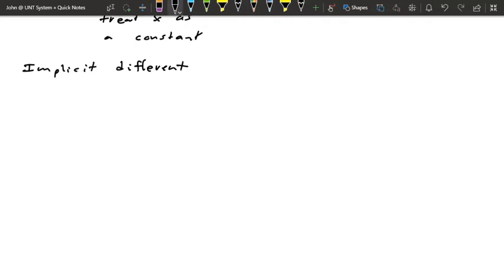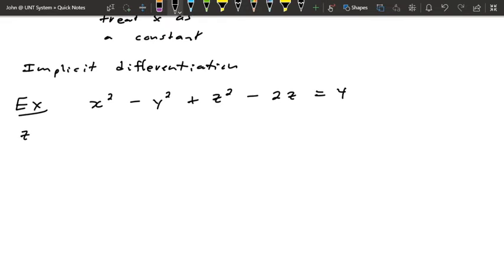Sorry, I'm having trouble spelling for some reason. Implicit differentiation. All right, so let's do an example like that. When you're given an equation like this, you think of z as a function of the other 2 variables.